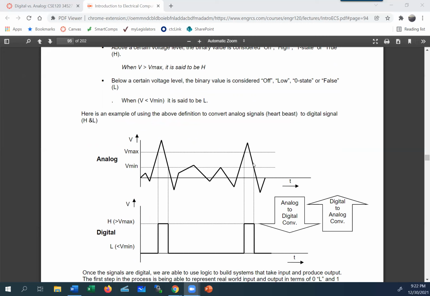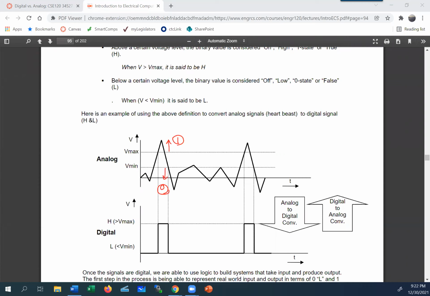Anything above Vmax, we call high, 1, true. Any voltage value the computer or the transistor sees above this value is referred to as high or 1. Anything below would be the binary value 0.